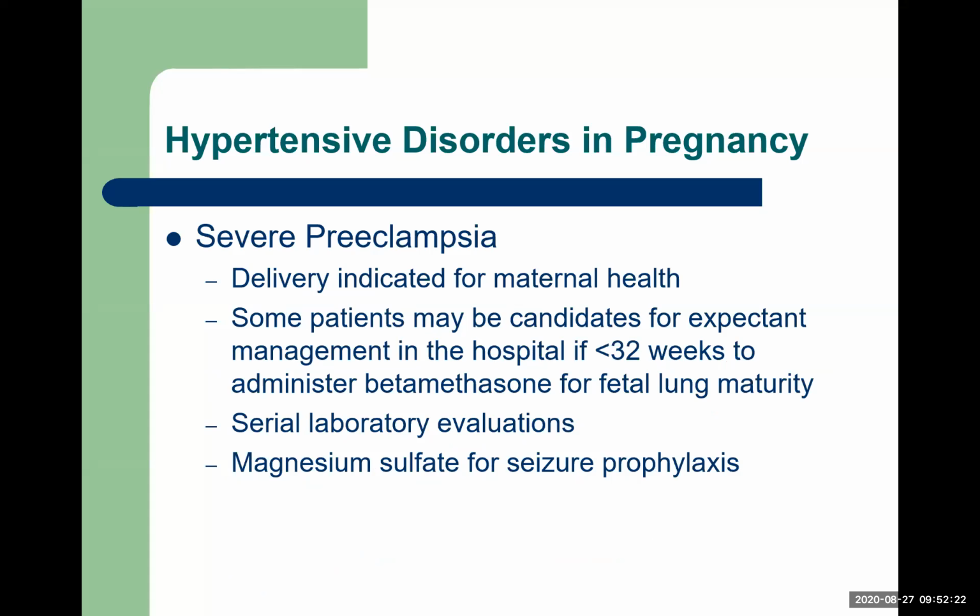So severe preeclampsia is an indication for delivery at any gestational age because of maternal health. Now, some patients may be candidates for expectant management if they are preterm, because there are advantages to trying to obtain an improved gestational age for the baby.